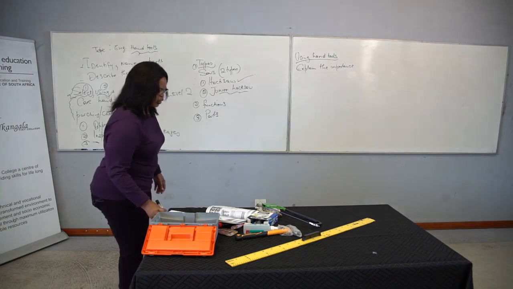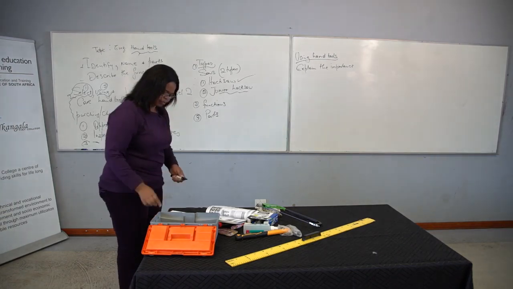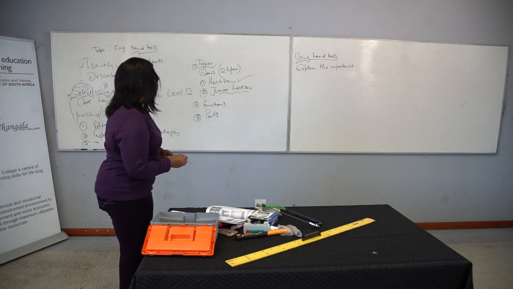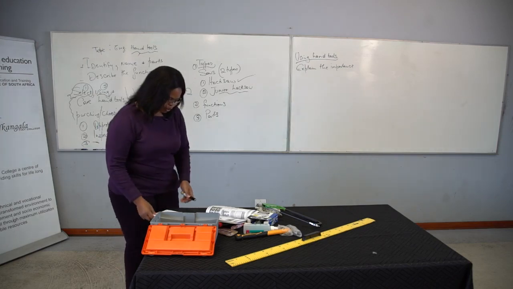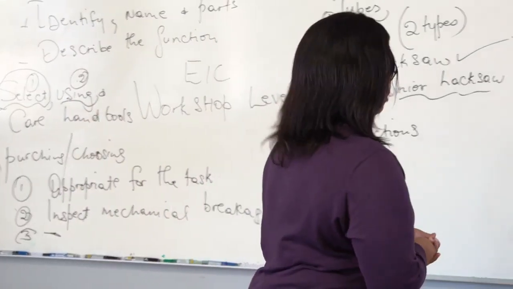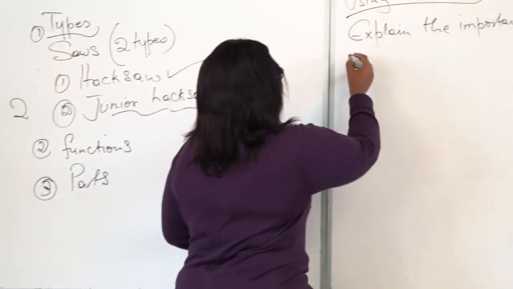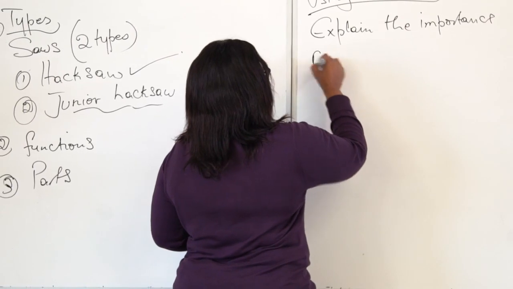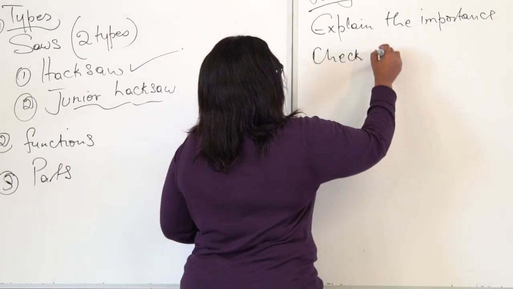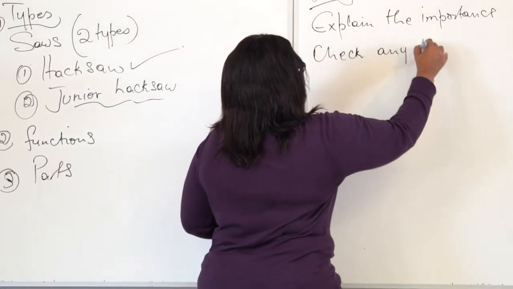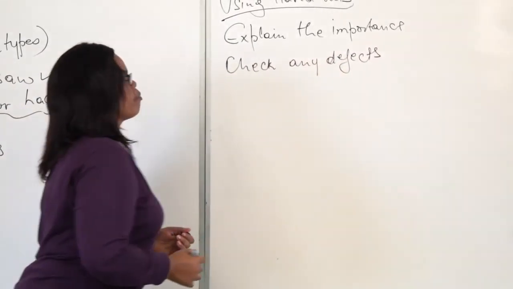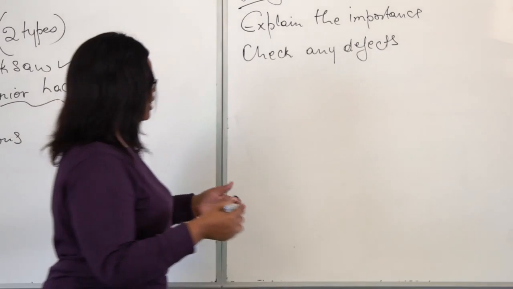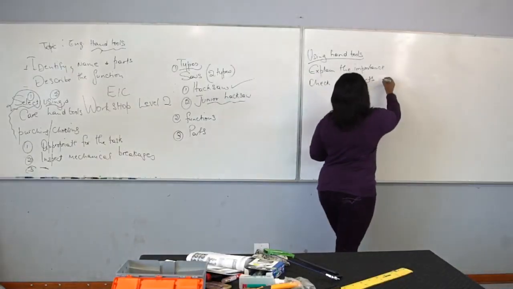When you use the hand tools safely, the most important thing that you must do to your tools, check any defects. Because we want to do what? To avoid injuries and incidents.